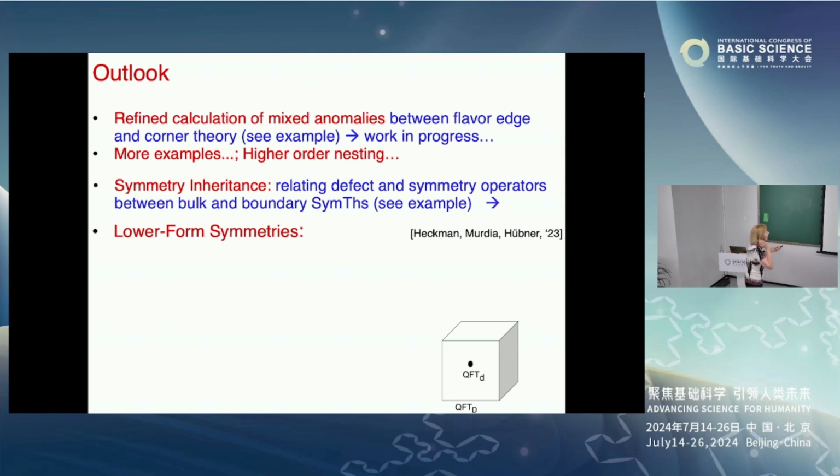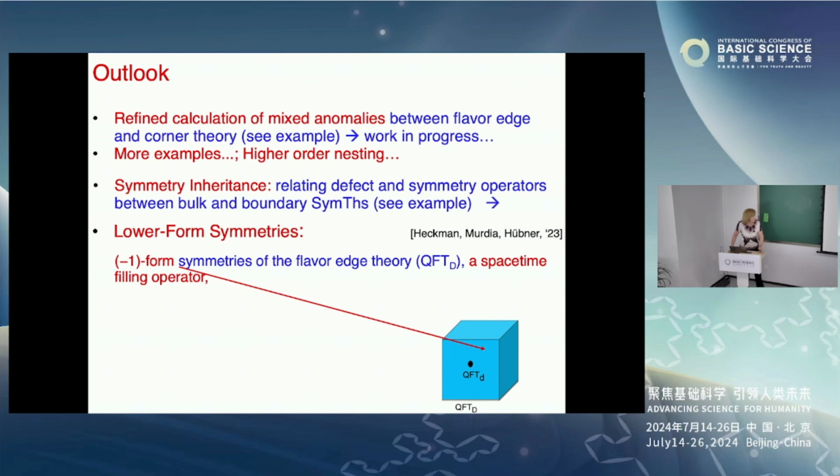appear, let's say, if we are dealing with a bigger quantum field theory, where there is naturally a way of writing not just a zero-form symmetry, which is a point, but also a one-form symmetry, whose operators fill out the whole quantum field theory space-time. So it's the space-time filling operator.